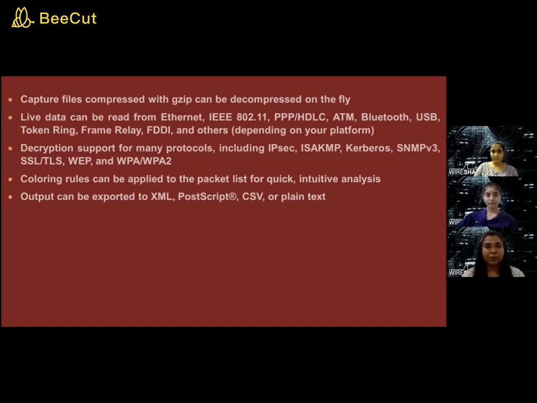Decryption support for many protocols, including IPsec, ISAKMP, Kerberos, SNMPv3, SSL or TLS, WEP, and WPA or WPA2. Coloring rules can be applied to the packet list for quick, intuitive analysis. Output can be exported to XML, PostScript, CSV, or plain text.